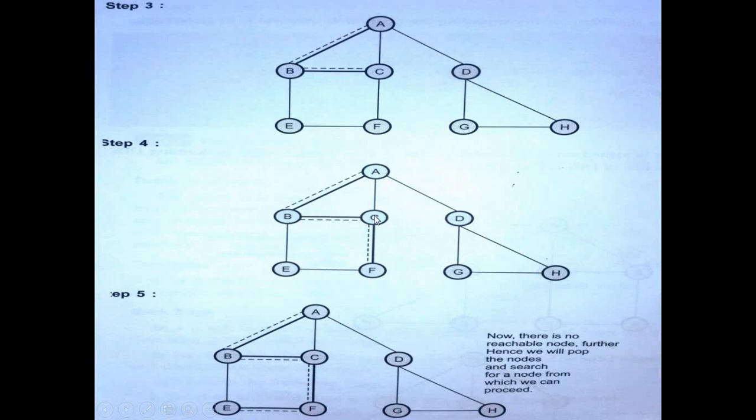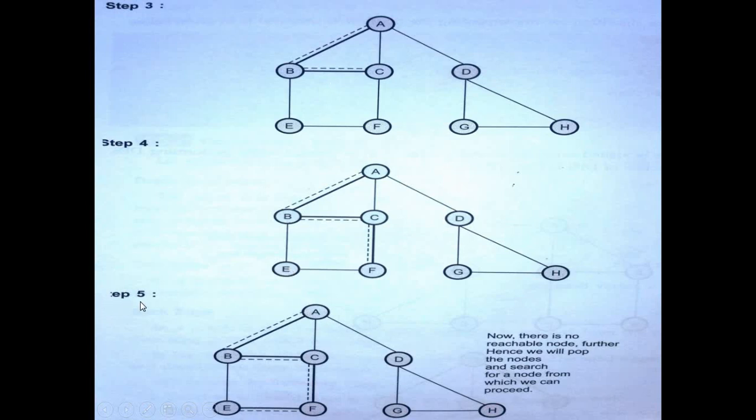From C, adjacent vertices are B and F. B is already visited, so we can write F as its adjacent vertex. After exploring F, we can know that F's adjacent vertices are C and E, but C is already visited, so we will write E as its adjacent vertex.